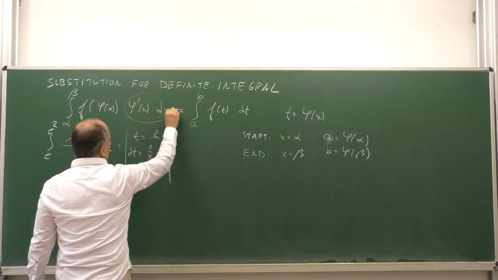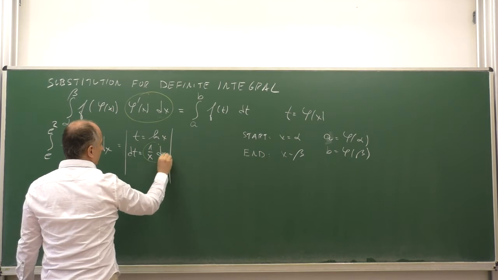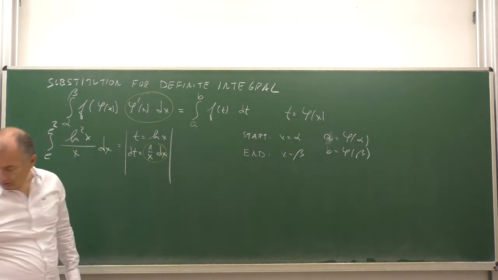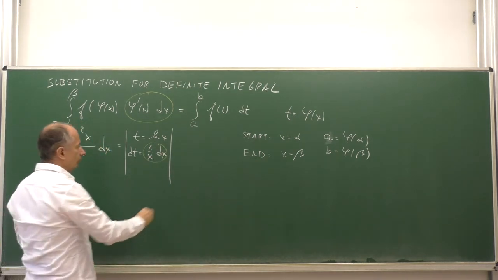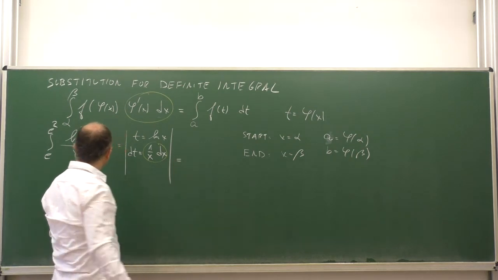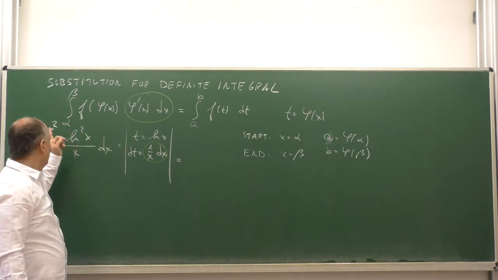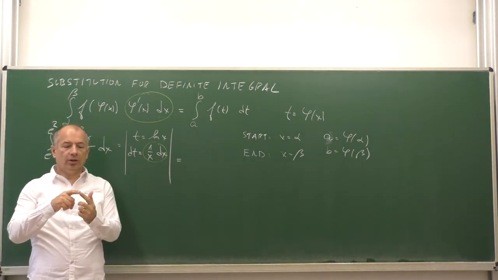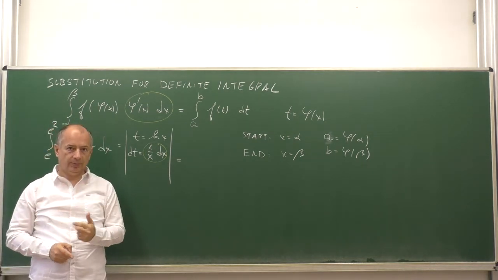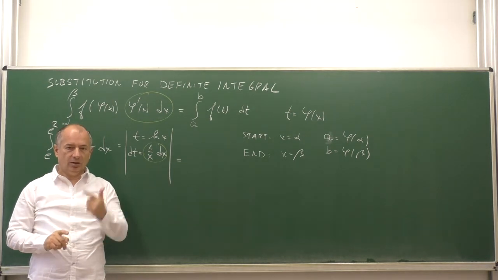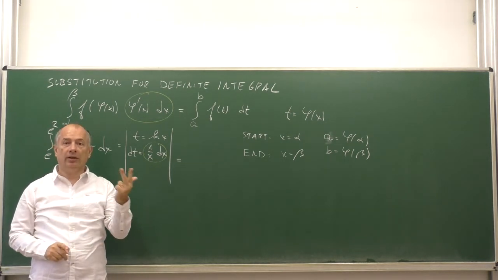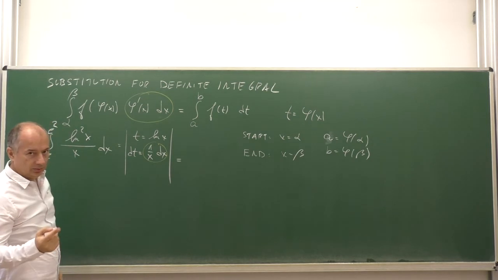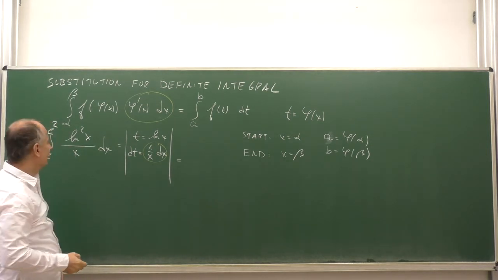Phi derivative dx is this expression now, and this is dt. And when we compute the definite integral using substitution, we must recompute three things: the function, the differential, and the limits. There are two limits, so actually four things, right?